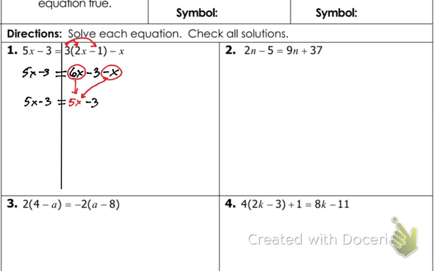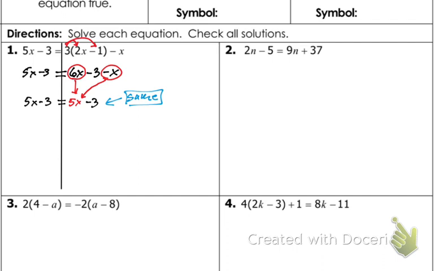What is our end answer just looking at it right now? Infinite solutions. It should be infinite solutions because this is the same. But let's say I didn't recognize it was the same, so I kept going, which means I wanted to get all my x's on one side, right?